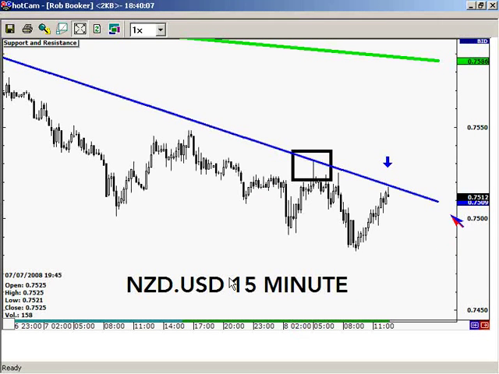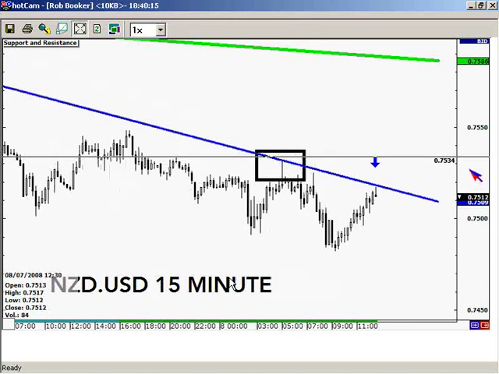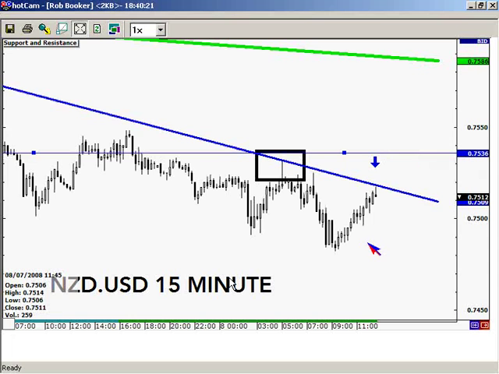You could put a stop loss, I'd say 20 or 30 pips above the blue line, right up there, and ride your profit. Just keep moving your profit down. Trail your stop. Every time it moves down 10 pips, move your stop loss down 10 pips, so it's constantly a 30-pip stop loss. And just see where you can go with the trend, if you prefer to trade with the trend.